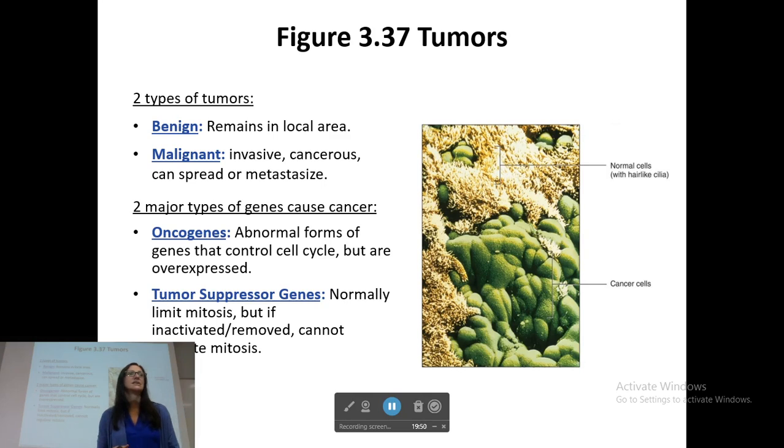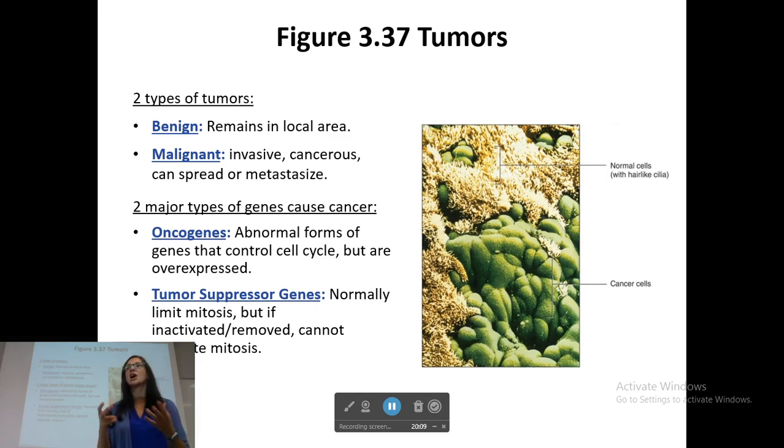This happens especially with breast cancer. Breast cancer starts off in the breast where there is one cell that has DNA in it that's damaged, and that one cell begins to divide uncontrollably, right?